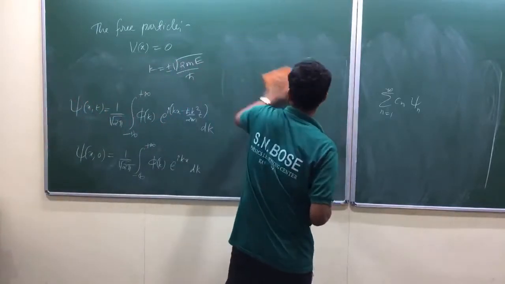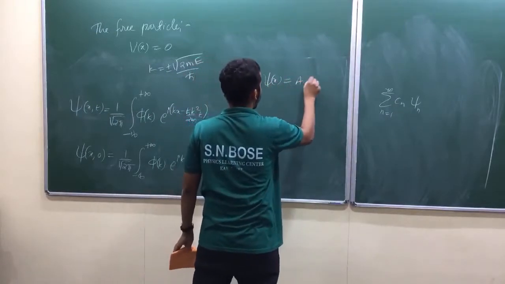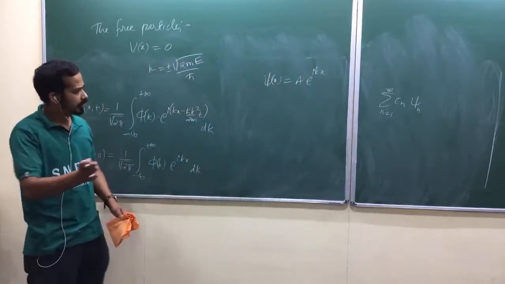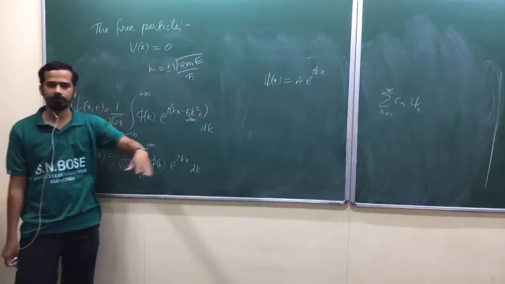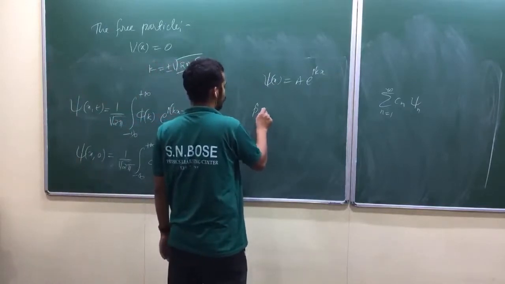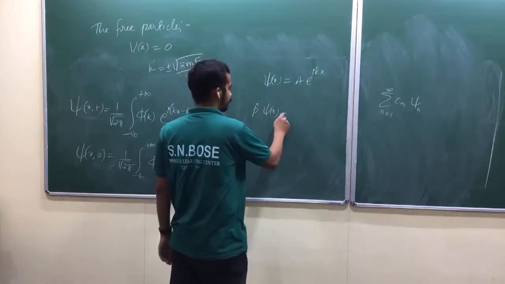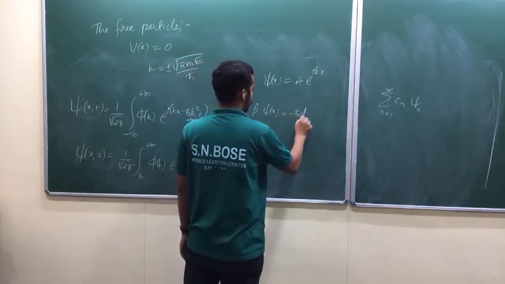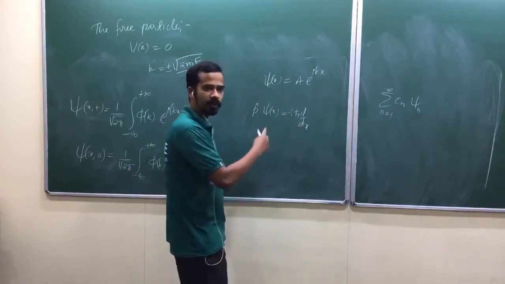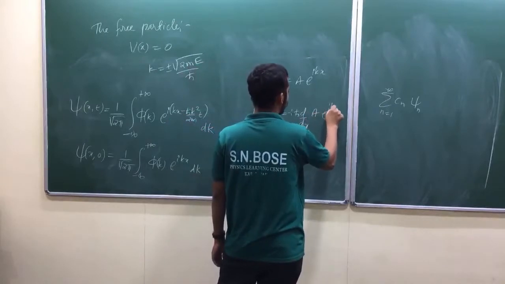Now look at here. Psi of x is equal to A e power i kx. Am I right? Let me just forget about the time dependent part for the time's sake. Okay. Now operate p cap on this one. What is p cap? Minus i h bar d by dx, one dimension, d by dx, into A e power i kx.